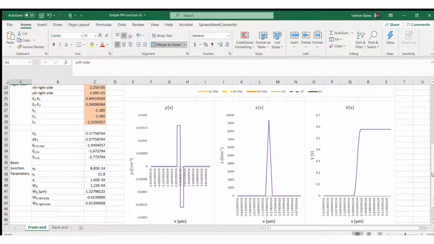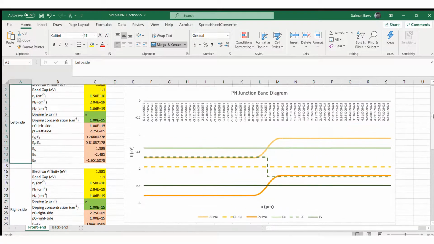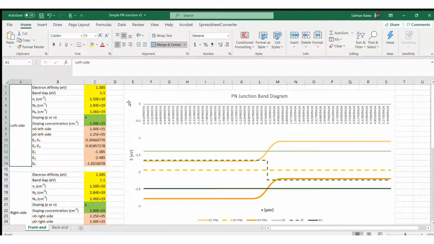Okay, so let us go back up, and in this case, the left side is N-type and the right side is P-type, and we have this band diagram of the p-n junction that you see on your screen. And there are two colors that have been used in this. One is what we will call green, and the other is orange.